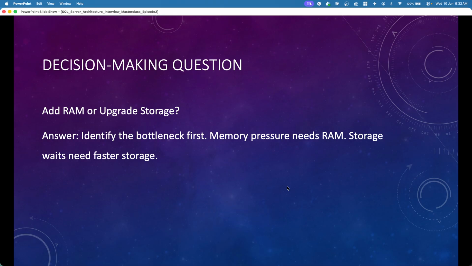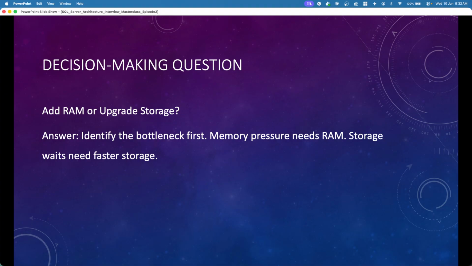If the interviewer asks a decision making question, for example, he finds some disk latency issue or some memory pressure, and asks what you do after adding additional RAM or upgrading the storage, then you can say you have identified the bottleneck first.